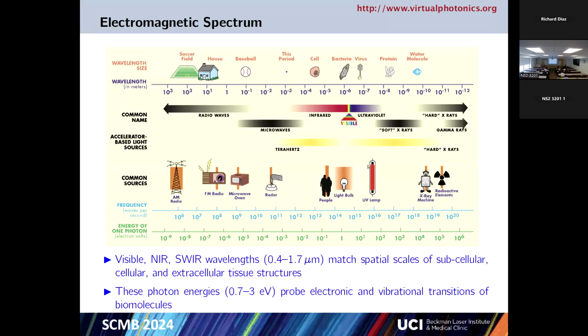what's interesting about considering these forms of radiation is to think about the spatial scale of the electromagnetic oscillations, and comparing that to the spatial structures in biological systems that you're interested in probing. And what's really interesting about the wavelengths of light that we tend to use in biomedical optics is that we tend to use light on the order of a few hundreds of nanometers to maybe out to a couple microns.